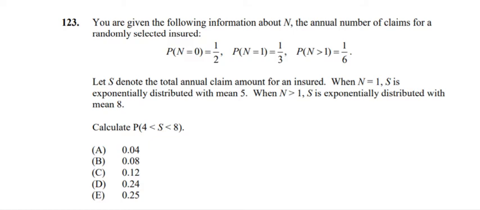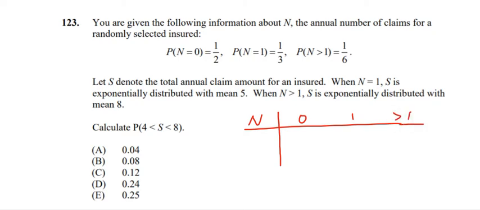So for this problem, n can be 0, can be 1, or can be larger than 1, and their probabilities are 1 over 2, 1 over 3, and 1 over 6.